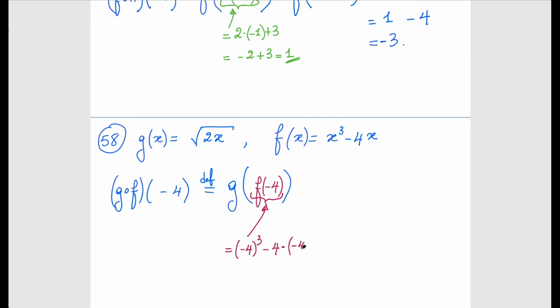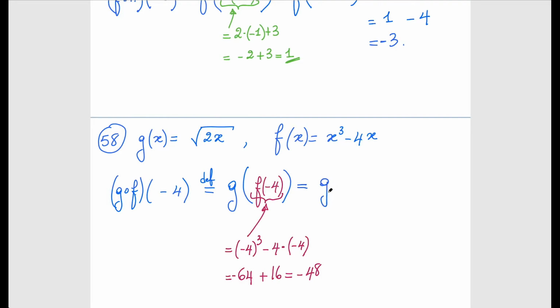What's -4 cube? It's -64, right? And minus 4 times itself is plus 16, which is -48. Correct? So that guy at the end happens to be -48.